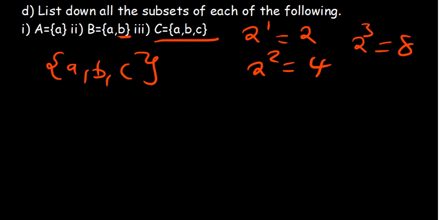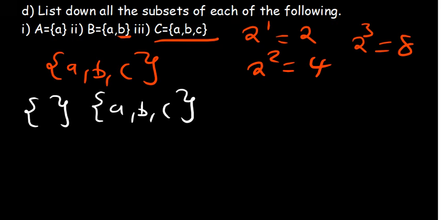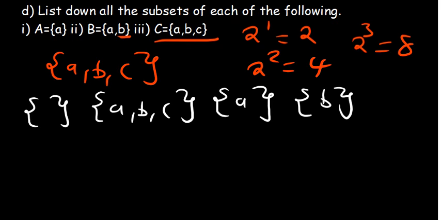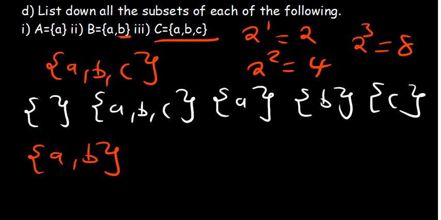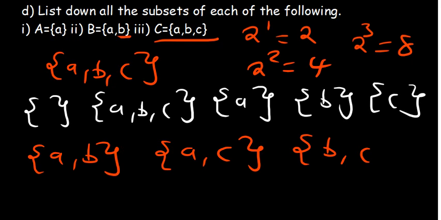So remember, we can start with an empty set, the set itself, then we can have a single element in each set. So these are subsets. Then we can also have a combination of A with B, a combination of A with C, and a combination of B with C. So how many are there?